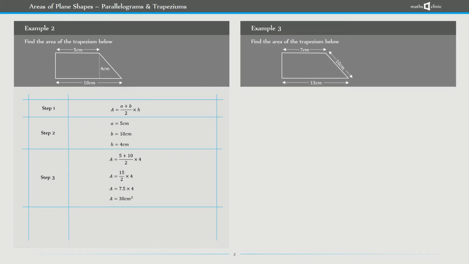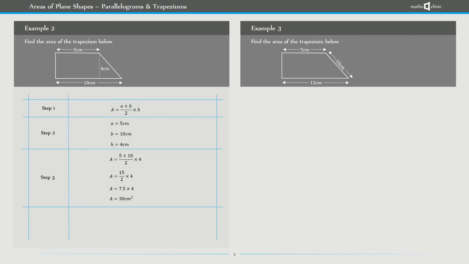Okay, so example 3, now this one looks interesting. Example 3 says find the area of the trapezium below. Now we've been given the length of the two parallel sides, and we've been given a slant height as well. So how do we approach this?